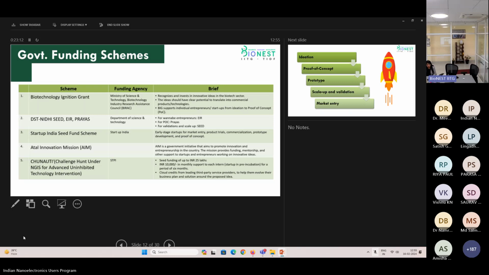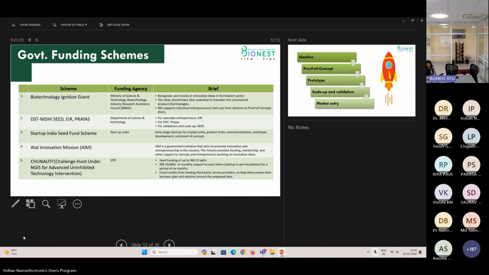Depending upon which institution is giving it, it is not a grant; it's basically investment. Depending upon whatever negotiation you have, they might take some equity in your company, or they can give you a debt of 1 crore, which you have to return. Ultimately, this is for those products which have already passed the proof of concept and prototyping stage, and you are making them market ready. Okay.